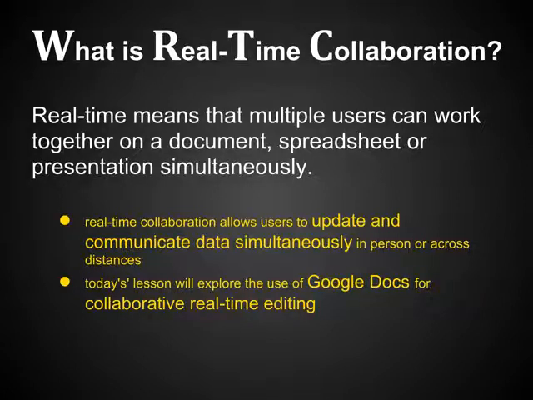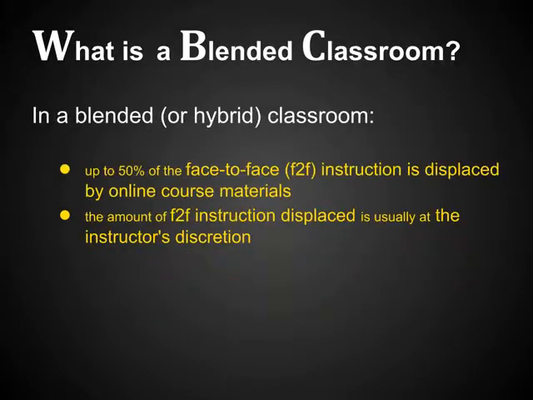They can respond to each other, can have simultaneous input. So that's what we mean by real-time collaboration, that it's something happening actually at the same time, but you may not be physically together. You could be physically together, and we're going to use it together today in the classroom, but the activity that we're going to do, you could put out to an online classroom and do it equally as well.